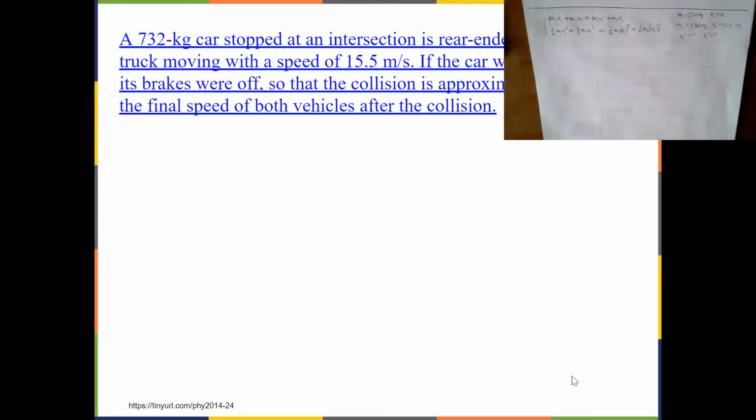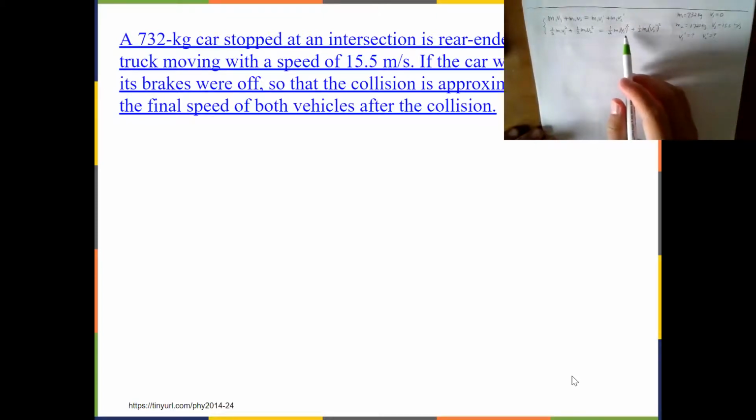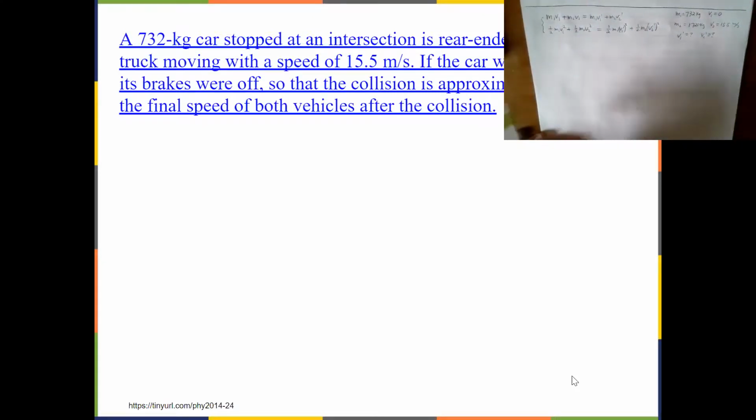So we have two equations with two unknowns, and we should be able to solve for them. Because there are squares involved here, the unknowns are squared, so that means this is a quadratic. Normally, if you have one unknown in quadratic form, you should be able to solve for it. In this case it's a little bit more complicated: you have two unknowns, they are squared, and you have two equations.